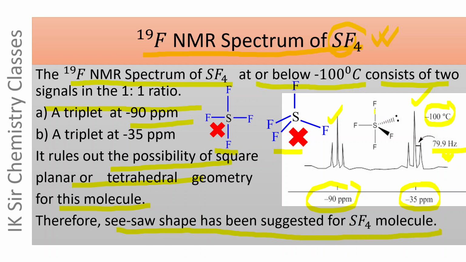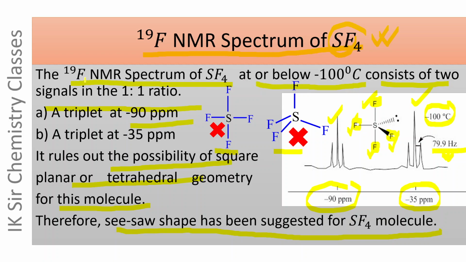This is the seesaw shape for the SF4 molecule. These two fluorine atoms are present on the axial positions, while these two fluorine atoms are present on equatorial positions. The axial and equatorial fluorine atoms are present in different chemical environments. Two axial fluorine atoms are present in one chemical environment, while two equatorial fluorine atoms are present in another chemical environment.